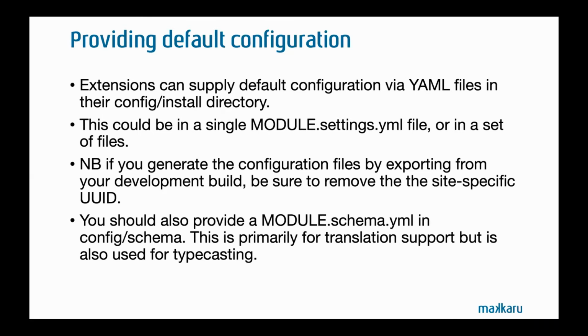You probably wouldn't have got anywhere with your deployments if you'd done that. What you can't do is grab this configuration from one Drupal 8 site and drop it onto another without removing these UUIDs. You won't be able to import it. And I'll come back to the schema file in a second.